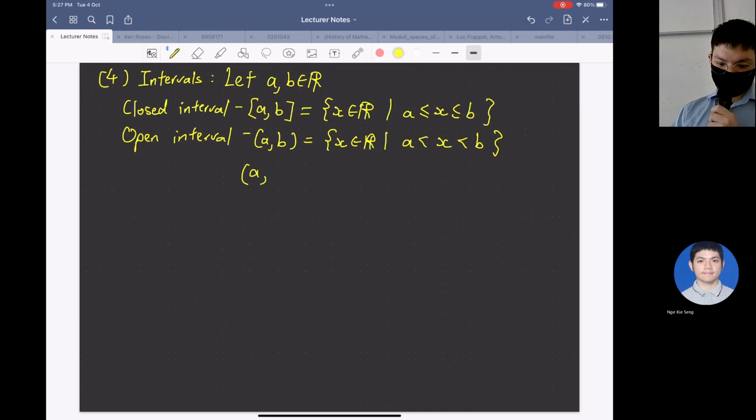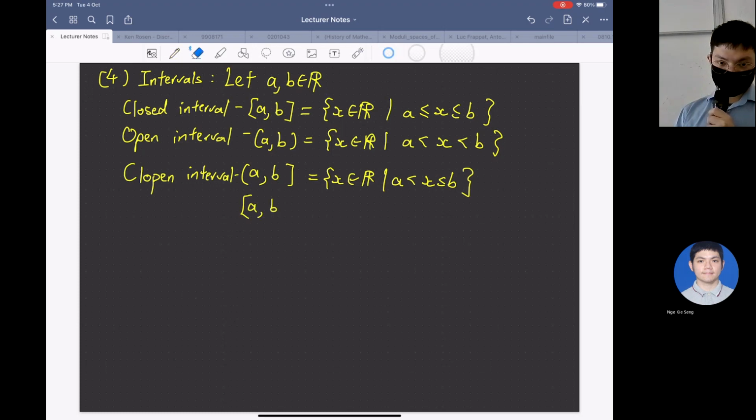One can include both, the other includes a but not b.